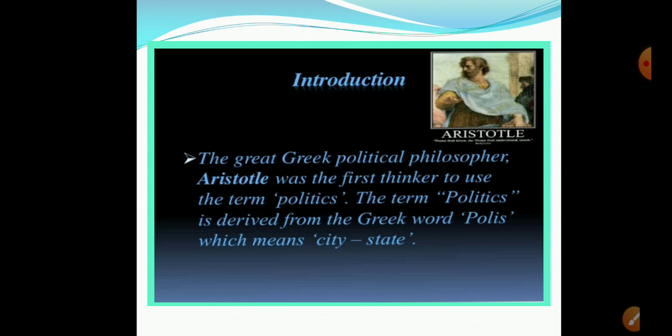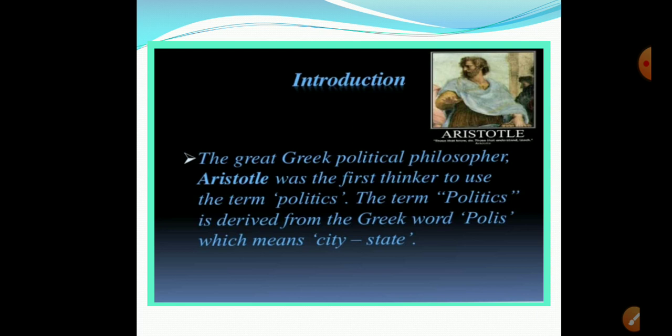The great Greek political philosopher Aristotle was the first thinker to use the term politics, and the term politics is derived from the Greek word polis, which means city state. City state को हिंदी में हम कहेंगे नगर राज, यानी कि छोटे छोटे राज हुआ करते थे.